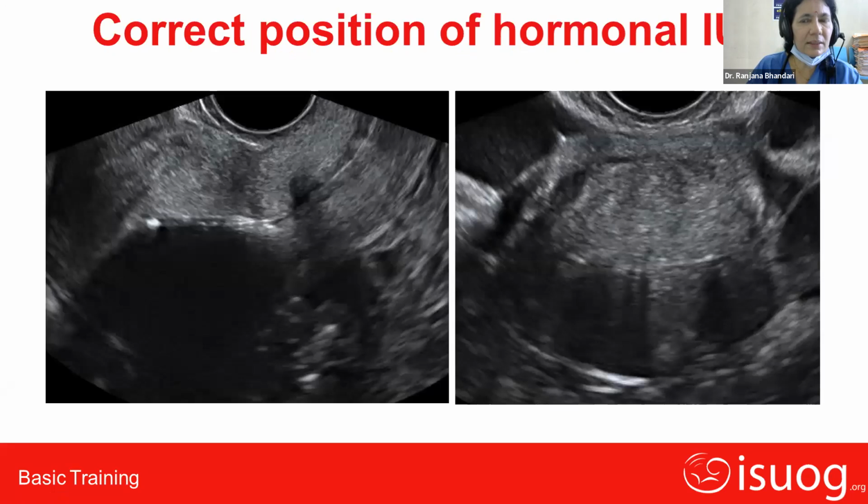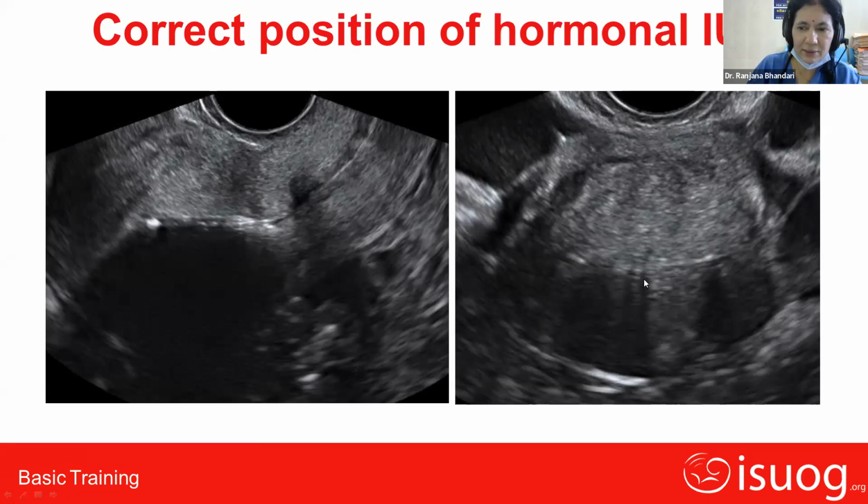This is a case of hormonal IUCD. In hormonal IUCD, the manufacturer puts echogenicity only in one area. So this is the area, just near the fundus. So this is my correct position. In hormonal IUCD, we localize the IUCD by the shadow of the shaft. This whole thing is the shadow of the shaft, the stem of the hormonal IUCD.